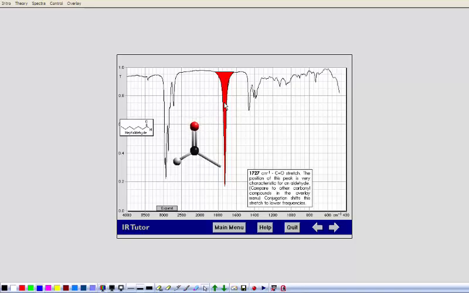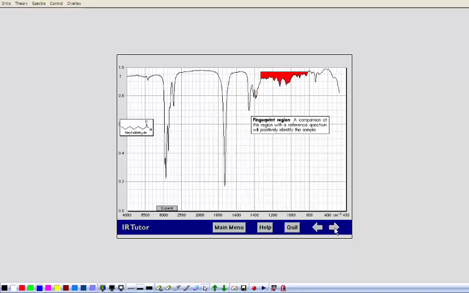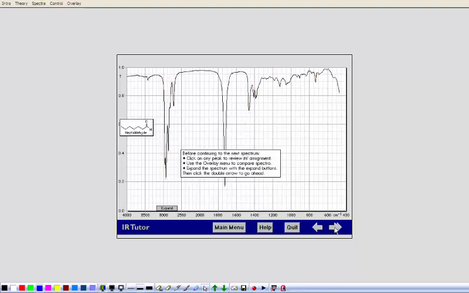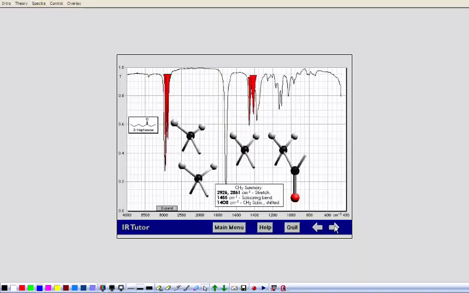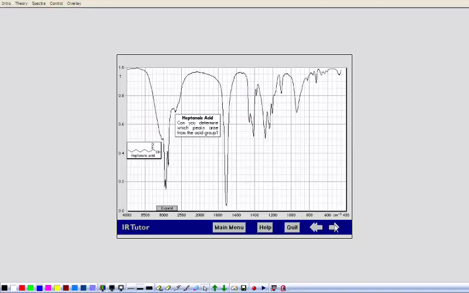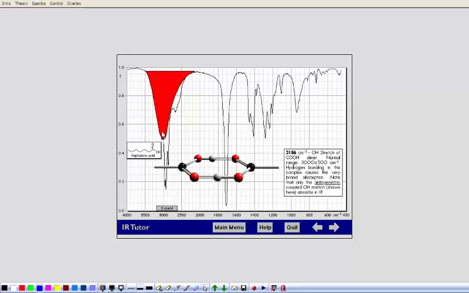Then the final one is the carboxylic acid. A carboxylic acid has a C=O and an OH. But the carboxylic acid peak is shifted because the OH is hydrogen bonded, in what's called a dimer arrangement.